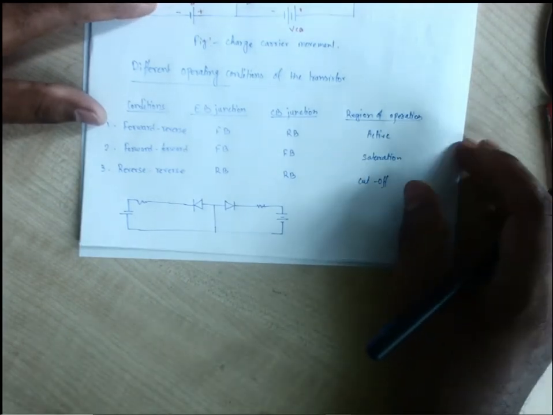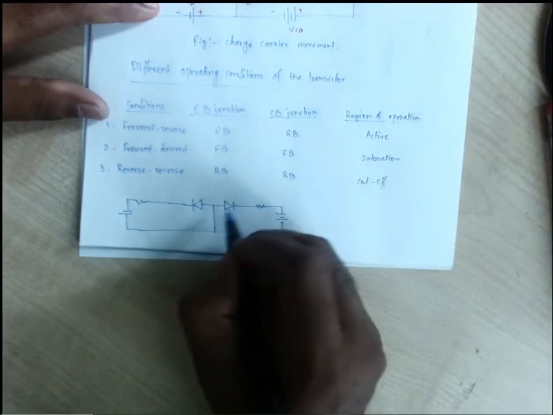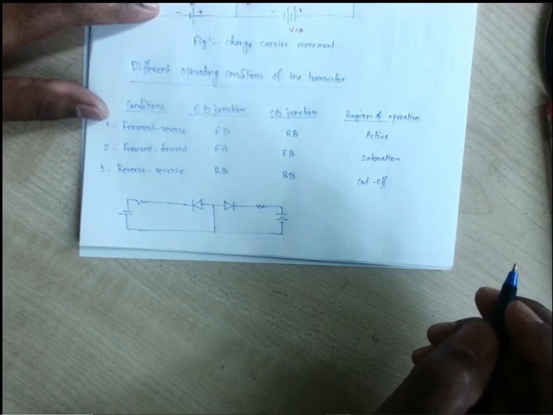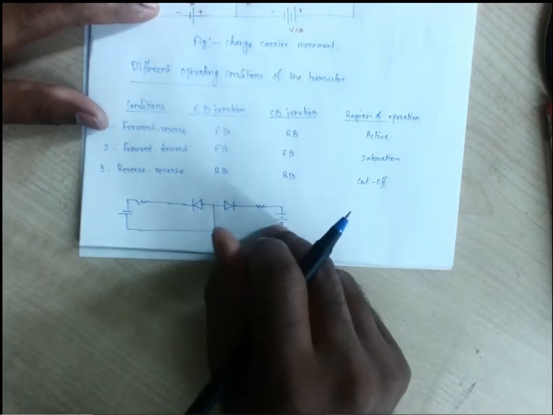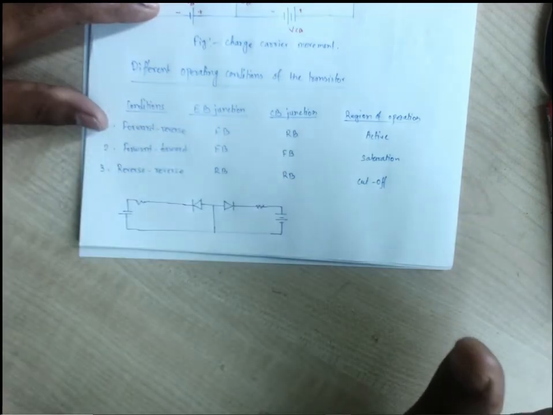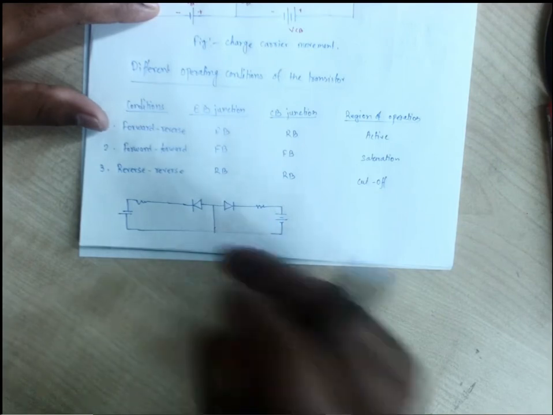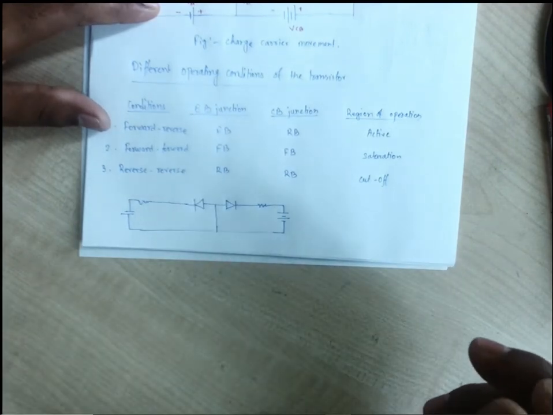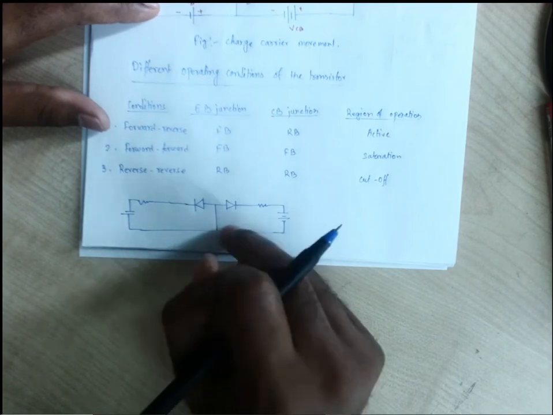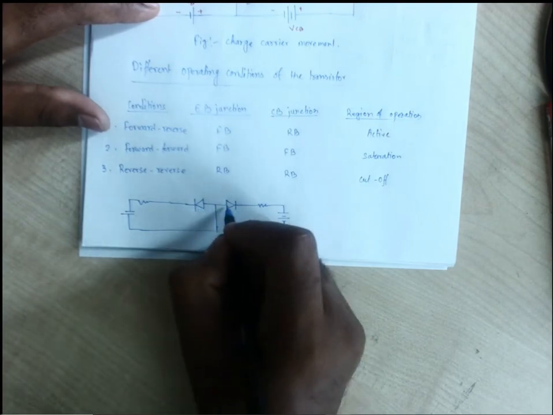It is said that a transistor is a device with two PN diodes connected back to back. But it doesn't mean that two discrete diodes connected back to back can work as a transistor. Obviously it is not possible to get transistor operation from two diodes connected back to back. In such a case, each diode has two equally doped regions, because this is one PN diode and this is also one PN diode.